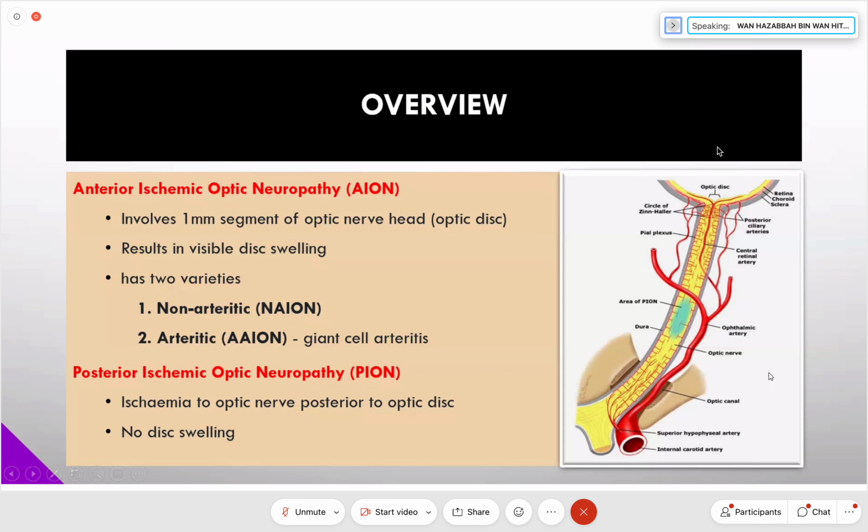That's why we often don't make the diagnosis, because it's very difficult to prove. It's more of a presumption. So we are not going to discuss too much about posterior. We're going to concentrate on the common one, anterior ischemic optic neuropathy.